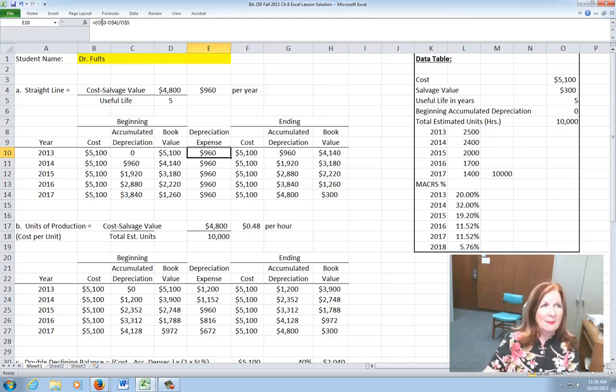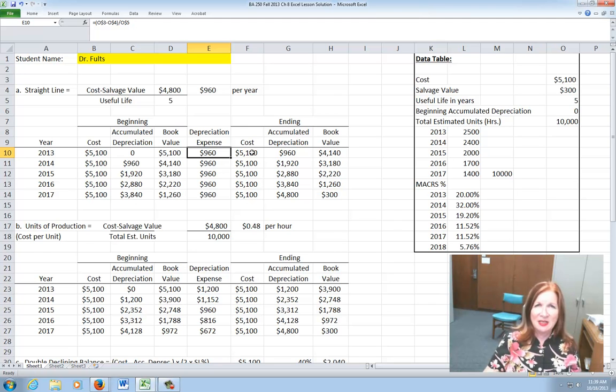When you look up here at mine, I've got it equal to O3 minus O4 divided by O5, which are these numbers right here. And then I highlighted the whole thing and I did an F4, and so I'll always have that formula as a constant. It won't change, and it'll be based on the data table. I don't care which way you do it, if you do it by the data table or if you make it equal to E4. Either one of those is fine with me, but it's $960 a year depreciation expense.